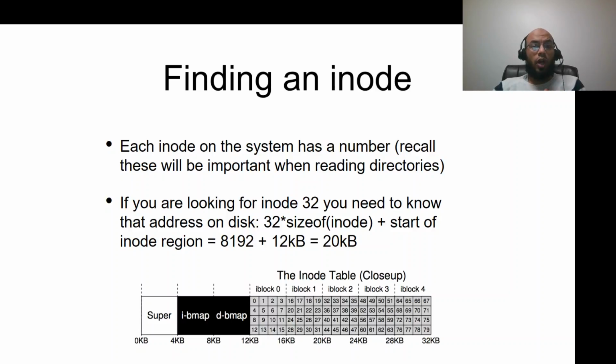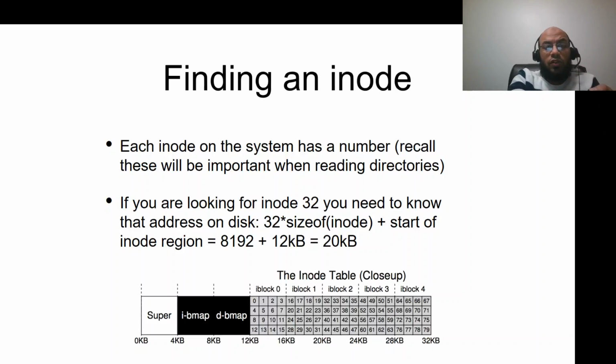So if you're looking for inode 32, you need to know that the address on disk is 32 multiplied by the size of the inode, plus the 12 kilobytes in the beginning. So you have the first 12 kilobytes, which is the super block, I bitmap, D bitmap. And as we said, each inode has a size of 256 bytes.